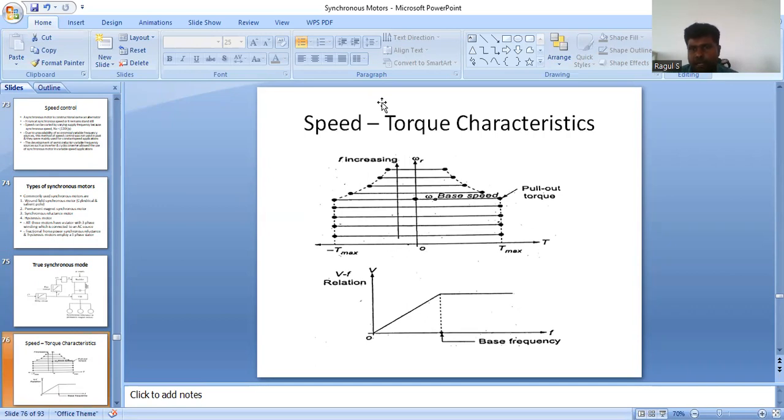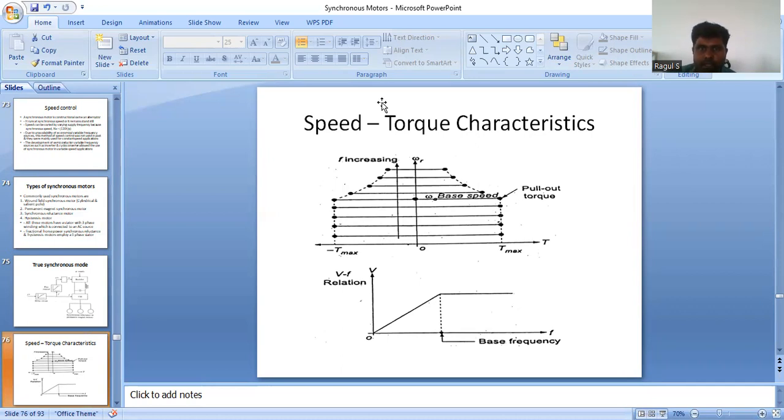That means a linear relationship: whenever the frequency increases, the corresponding voltage also increases. But once the frequency reaches the base frequency level, the frequency keeps increasing but the voltage does not vary, because the voltage is constant once the base frequency is reached. So the frequency variation is also limited depending upon the voltage value.